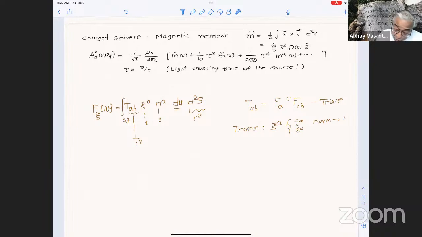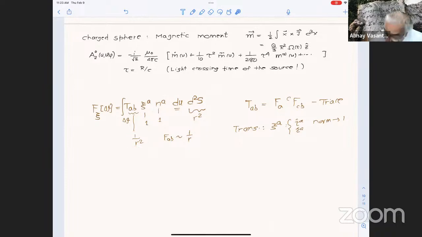So the flux of energy is going to be given by that part of the Maxwell field which contributes to the stress energy tensor at 1 upon r squared. But the stress energy tensor is quadratic in my Maxwell field, and therefore what I need is F_AB which is falling like 1 upon r, because I got 1 upon r times 1 upon r, so that will give me 1 upon r squared.